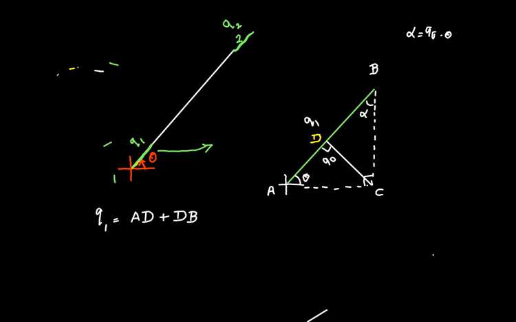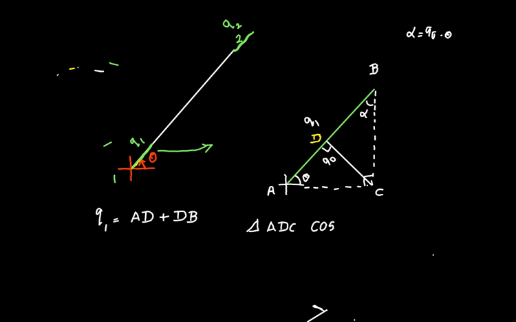And what is this AD for the triangle ADC? So for the right angled triangle ADC, can you just tell me what is this AD? Let me first tell what is cos theta.